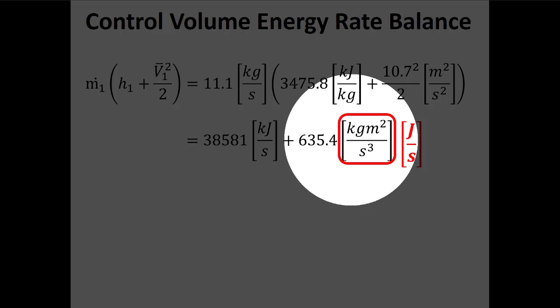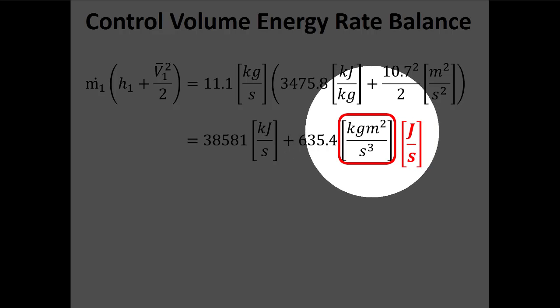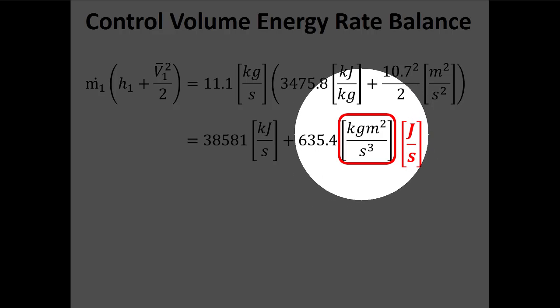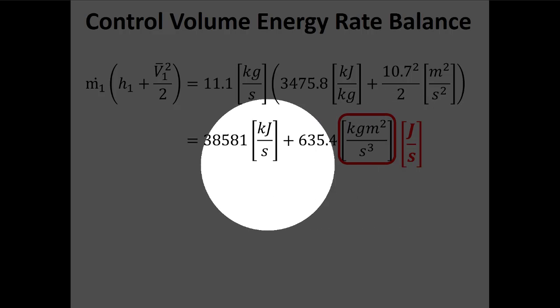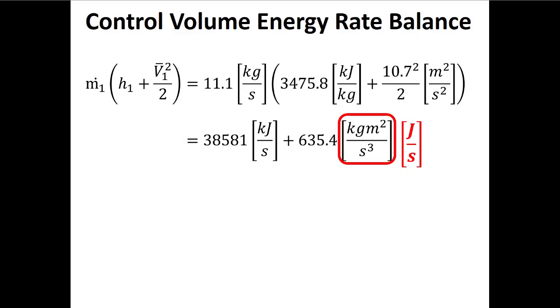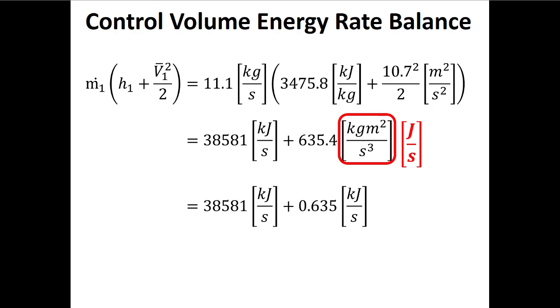Because I know from Newton's second law that force equals mass times acceleration. So here's a mass, and there's an acceleration in here, meters per second squared. So if I take that out, this would be kilogram meters per second squared times meters, so newton meters per second. So then I get joules per second. But I can't just add kilojoules per second to joules per second. I've got to divide this by 1,000.